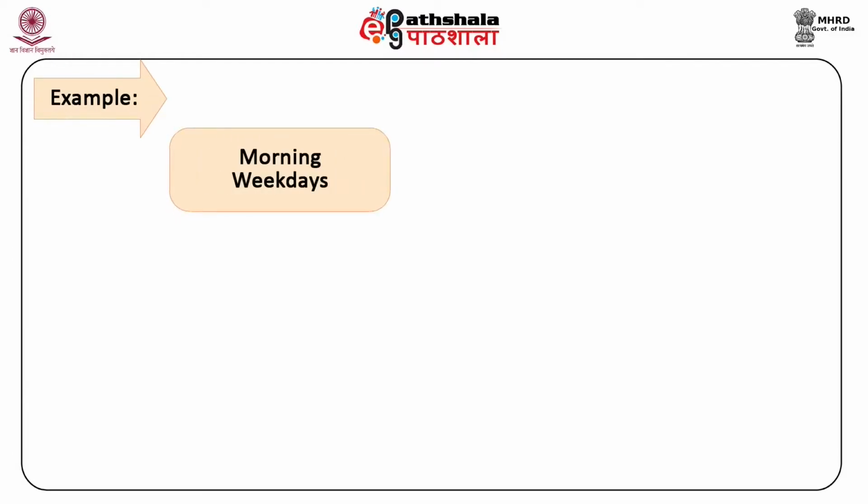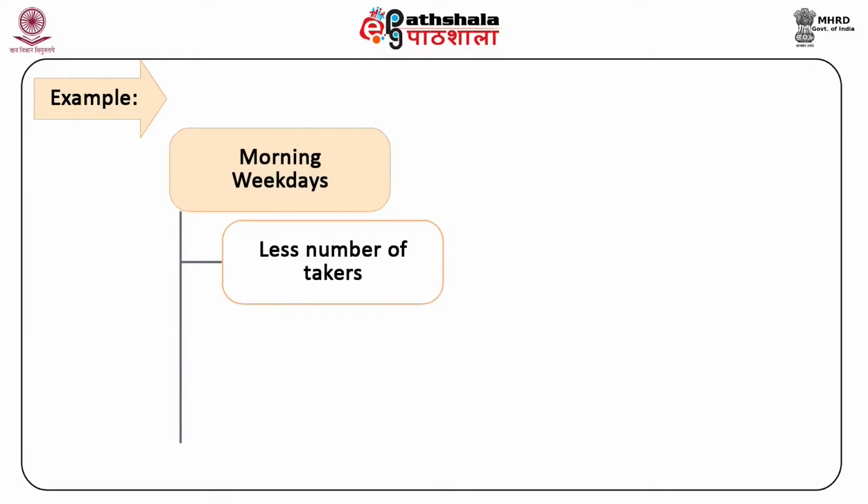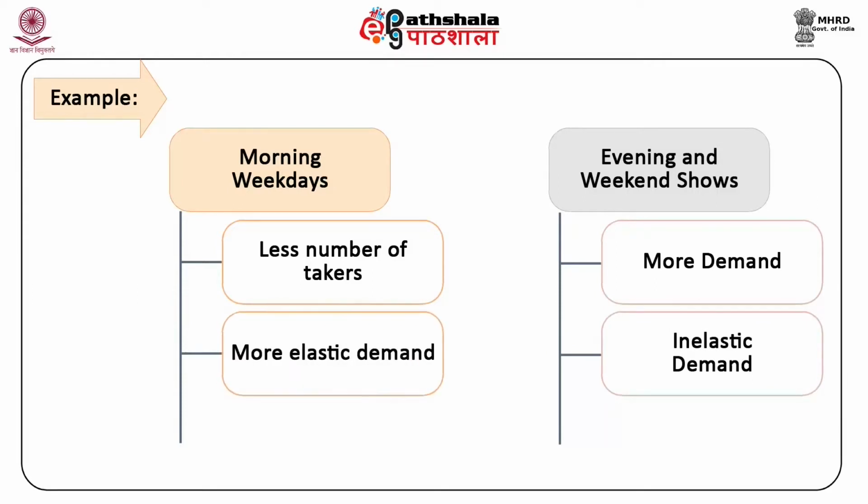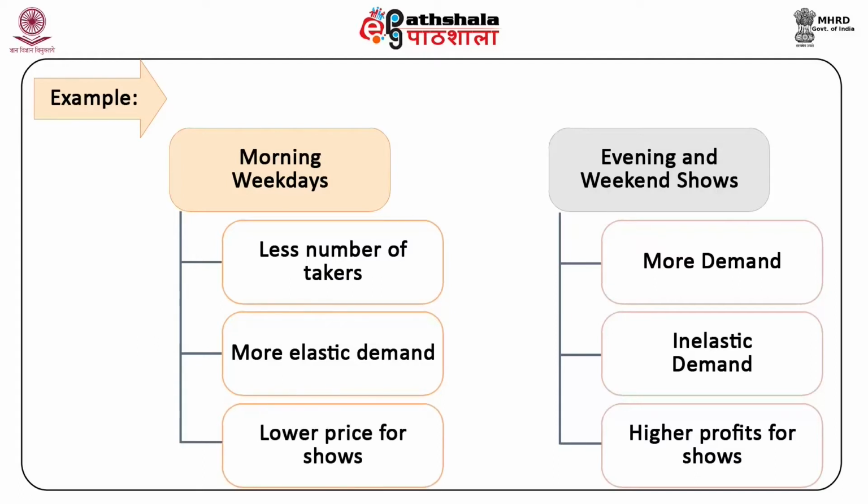Morning weekday shows have fewer takers and evening and weekend shows have more demand. Further, the demand for movie tickets is relatively inelastic for evening and weekend shows and more elastic for the morning weekday shows. The theater can make larger profits by charging higher prices for the evening and weekend shows and a lower price for the morning weekday shows.